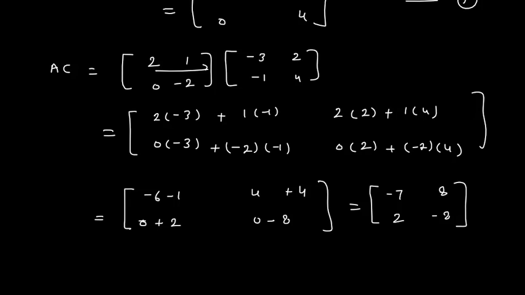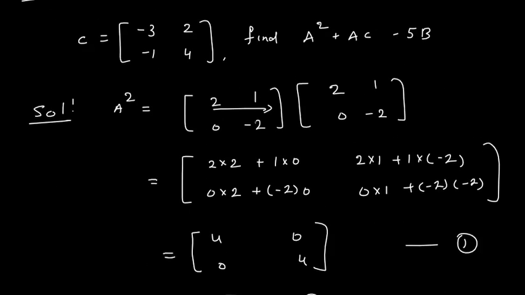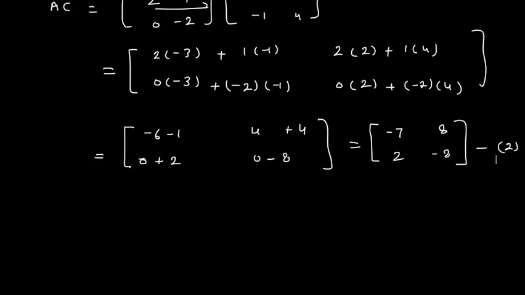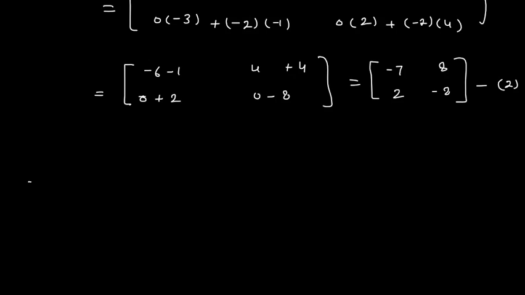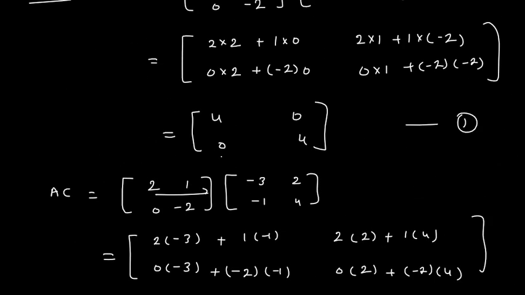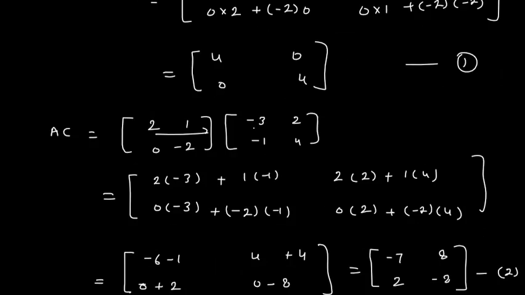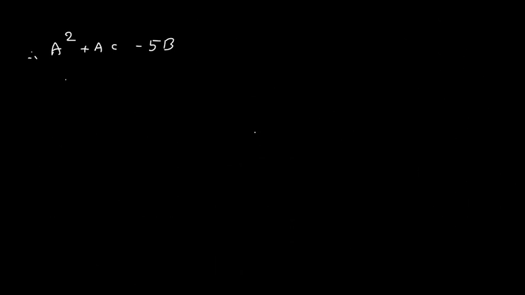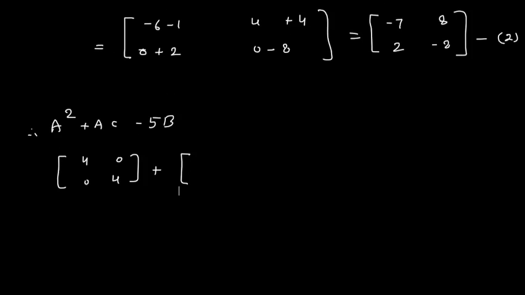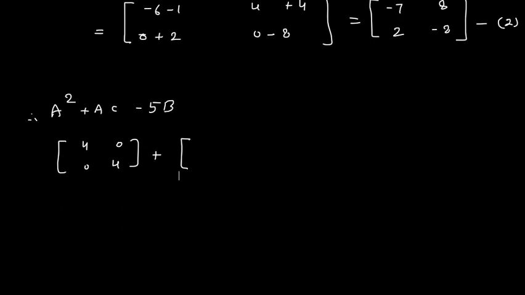A squared is [4, 0; 0, 4], plus the value of AC is [-7, 8; 2, -8], minus 5 into B. Now the value of B is [4, 1; -3, -2].